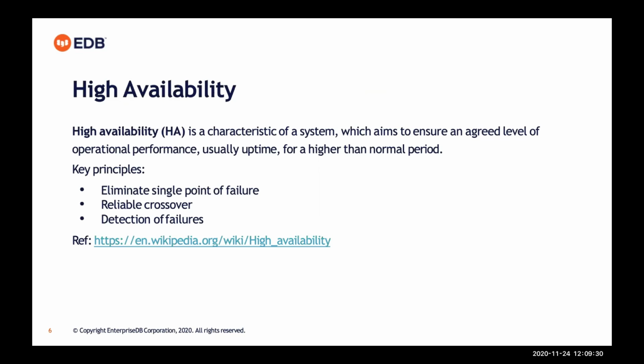All right, and you can achieve this high availability by maintaining these three principles of high availability, which again I have taken from Wikipedia. The first principle is eliminating single points of failure. The second one is reliable crossover, and the third one is detection of failure.